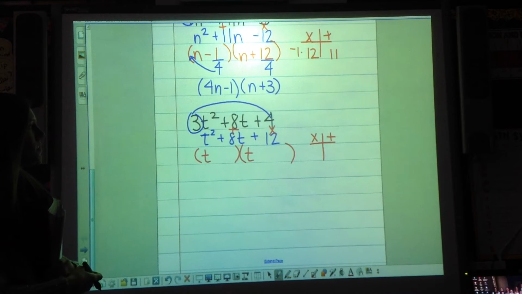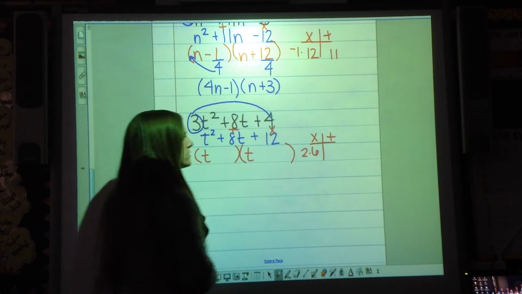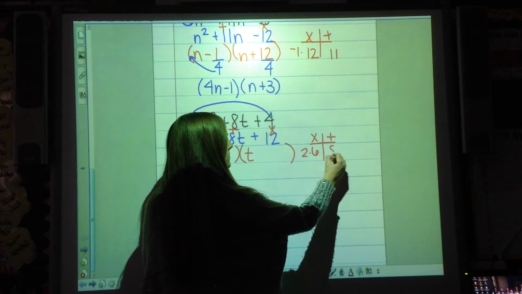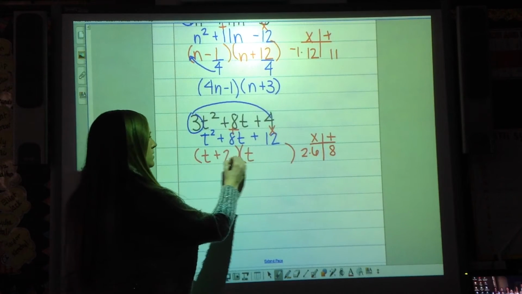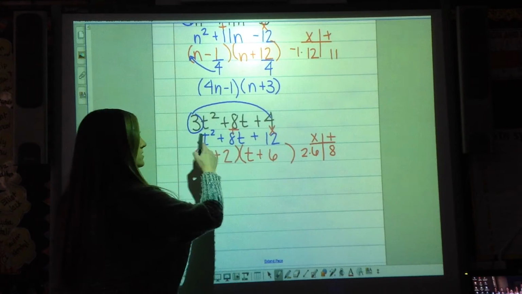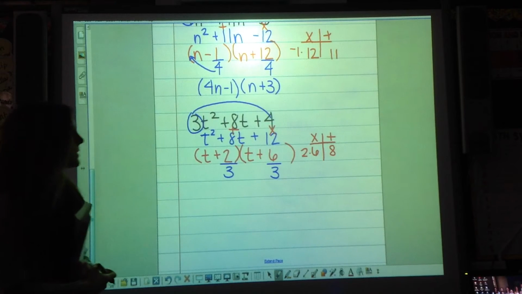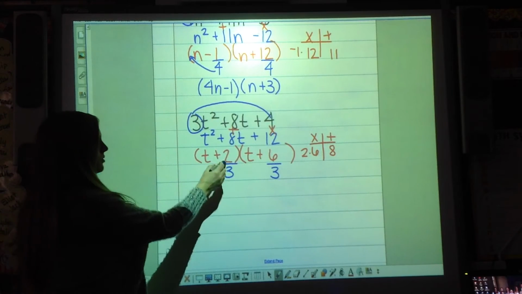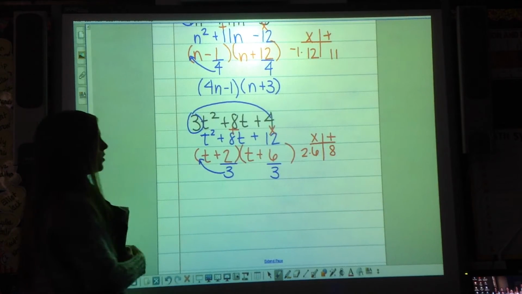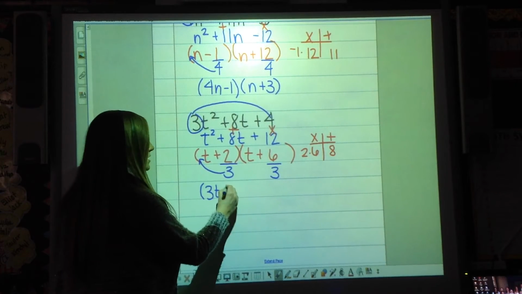So I can use 3 times 4. That's not going to work. What about 2 times 6? When we add those two positive numbers, we get 8. I'm going to slide this 3 back. In the first parenthesis, we can't reduce or divide, so I'm going to slide the 3 in front of the t.